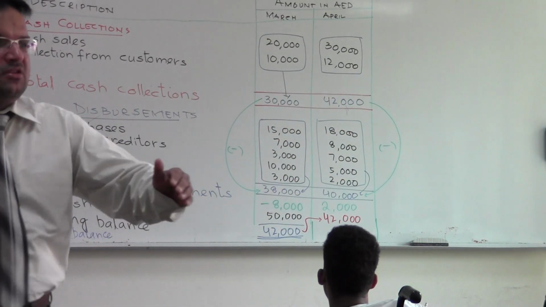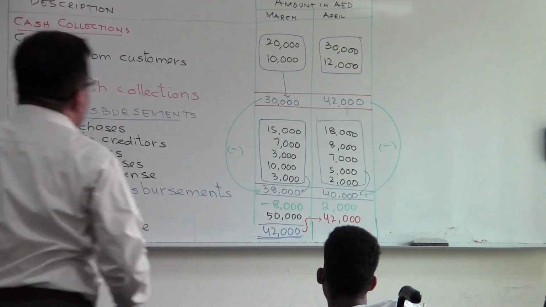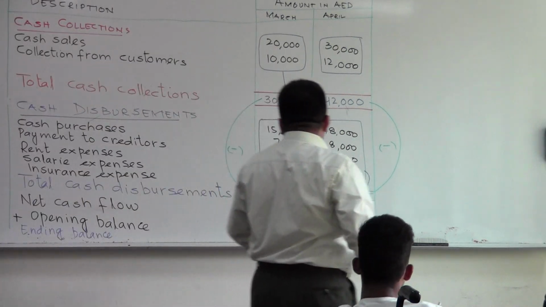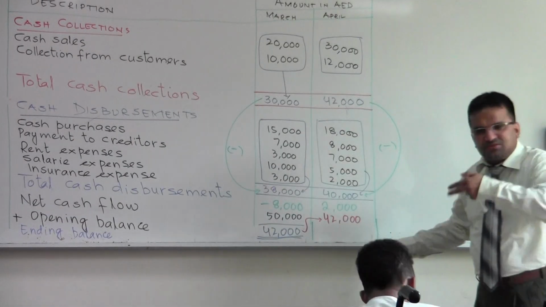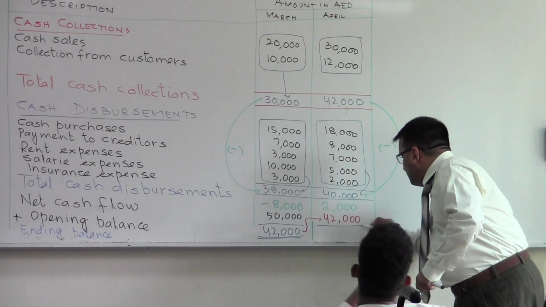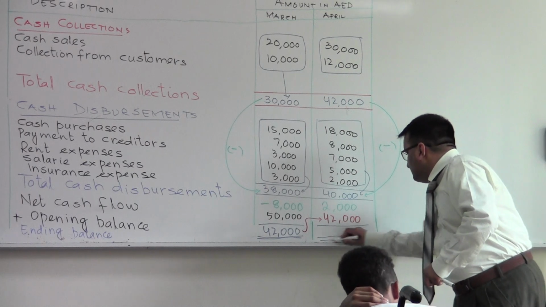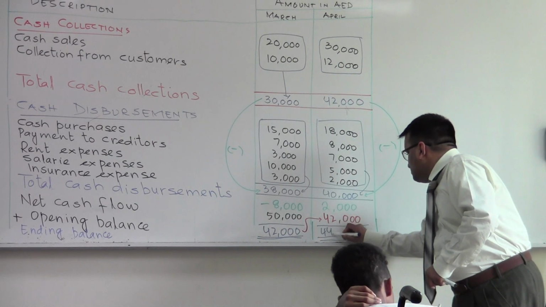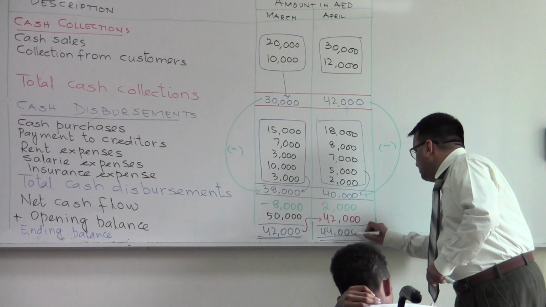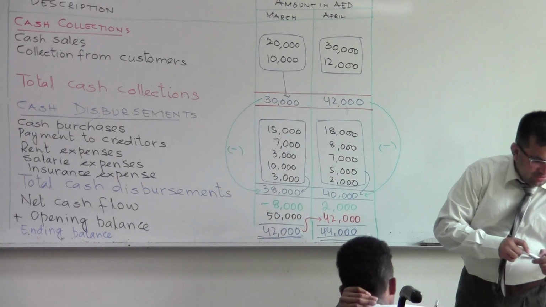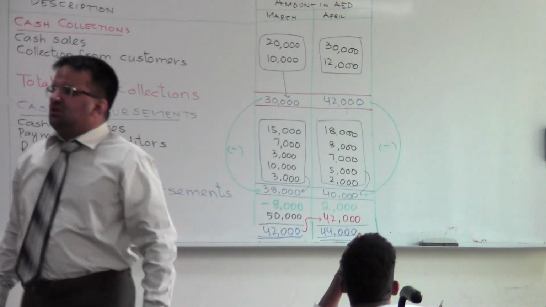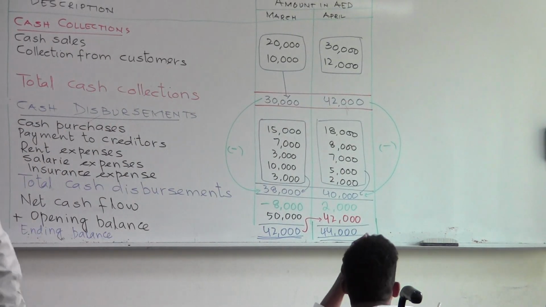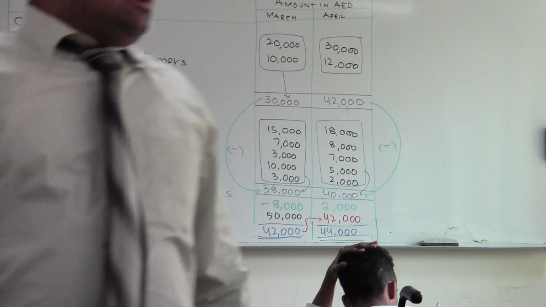Ending of 1 month will be opening of the next. Yani jawab of 1 month will be taken in the next month, and it will be 44,000. Okay, so this is all about our activity today.